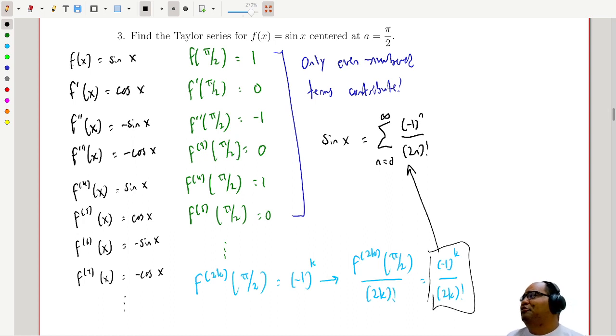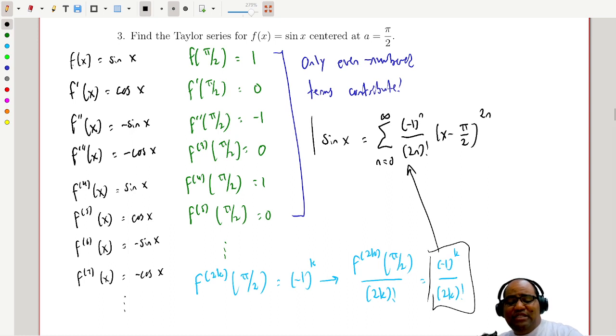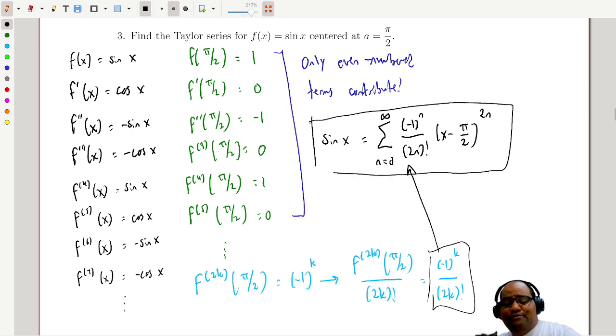And now what about our powers of x? We'll have x minus pi over 2 raised to which power? Well, again, we're only counting the even numbered terms because the odd numbered terms don't contribute anything. They're 0. This is that thing to the 2n. And that is our expansion for sine of x.